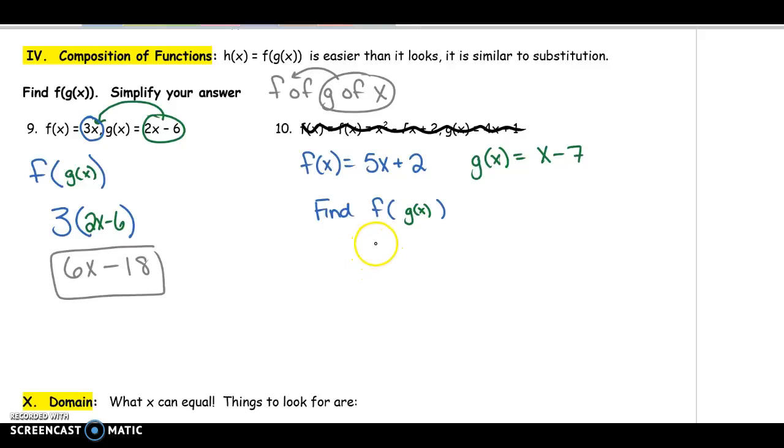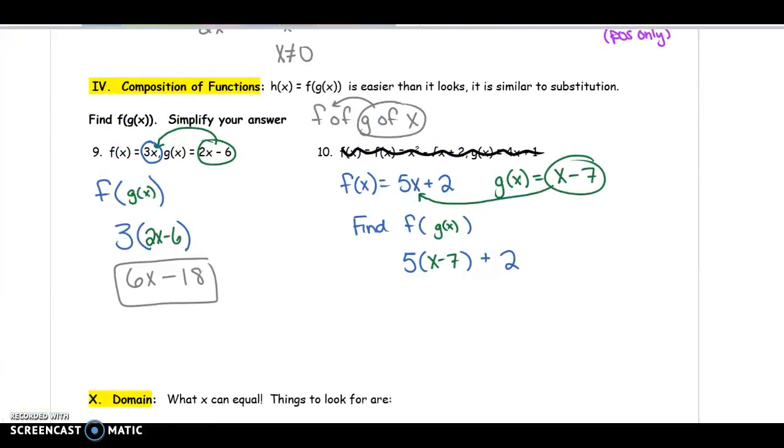So our f function is 5x plus 2, so 5 parentheses plus 2. Instead of that x, I am going to take my entire g function and put it in place of that x. So the x minus 7 goes in place of the x in the f function.